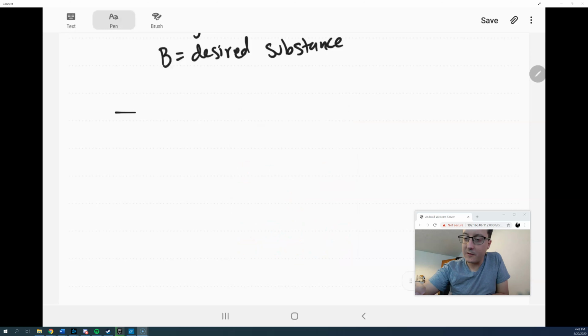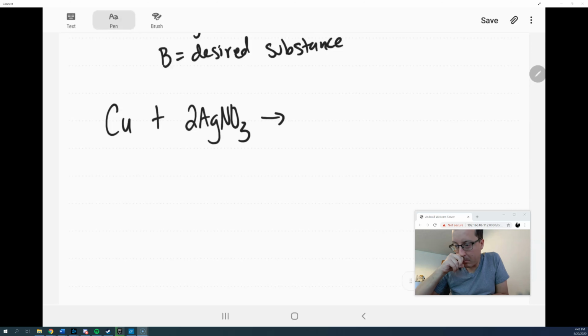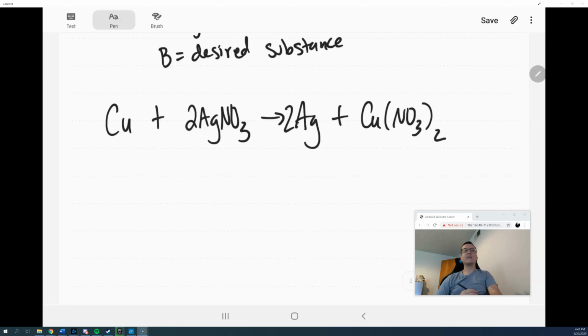Let's do that same one from yesterday. Okay, so this was our chemical reaction, we did copper and silver nitrate, right?